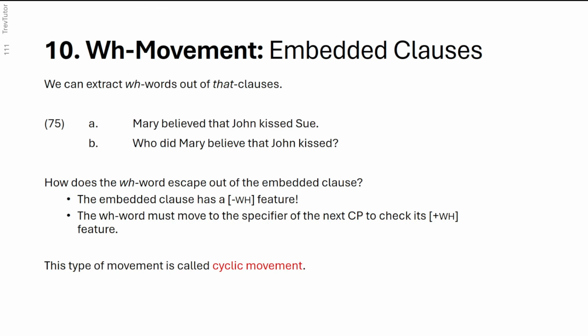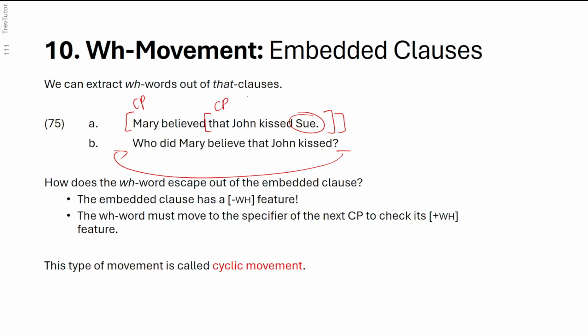If we say "Mary believed that John kissed Sue," we could ask a question about who Sue was, because maybe we missed that when we were listening to the sentence. Even though we have this inner CP and a larger CP out there for "Mary believed," we can still move Sue all the way to the front of the sentence. In other words, it's skipping a CP.